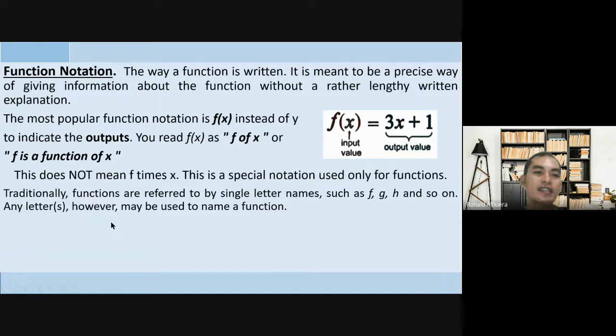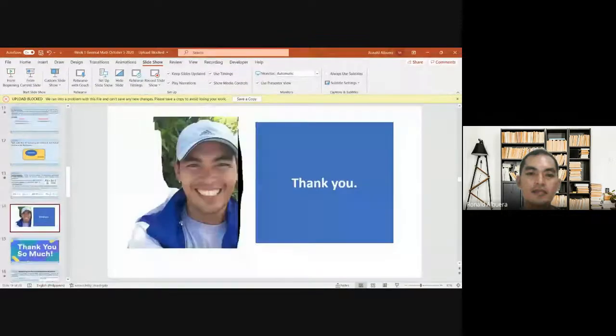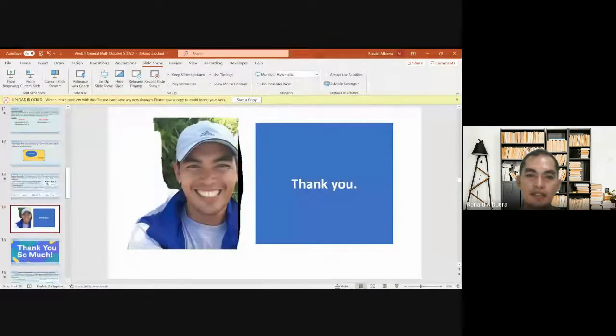So traditionally, functions are referred to by single letters, namely f, g, h, and so on. Okay? So, you remember in functions and relations that all functions are relations, but not all relations are functions.